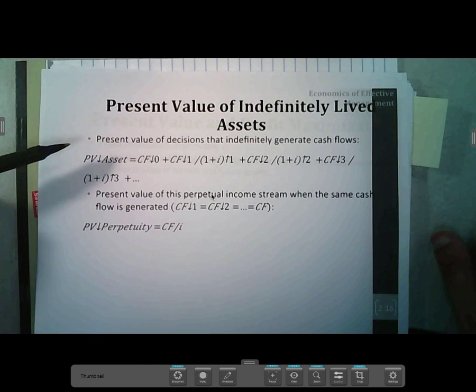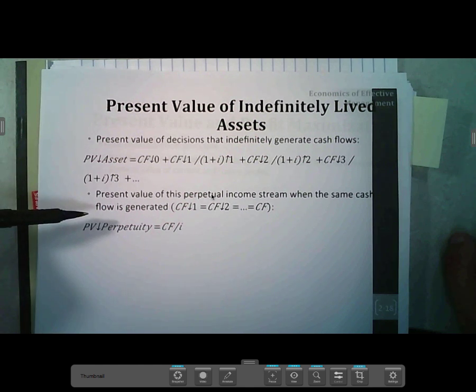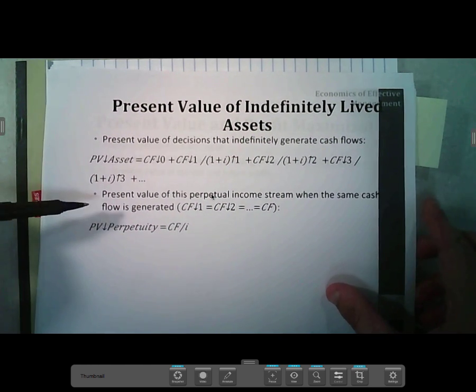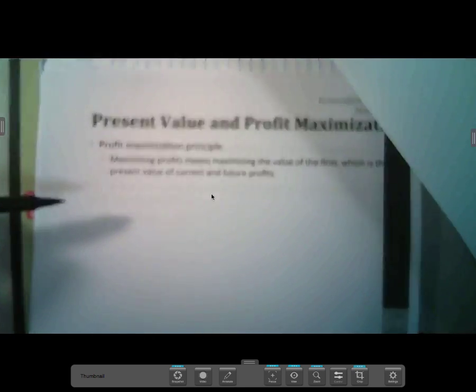What we then see is that if the asset is of indefinite time period, I need to extend it all the way out to infinity. And as we go farther into the future time periods, the present value is falling more.